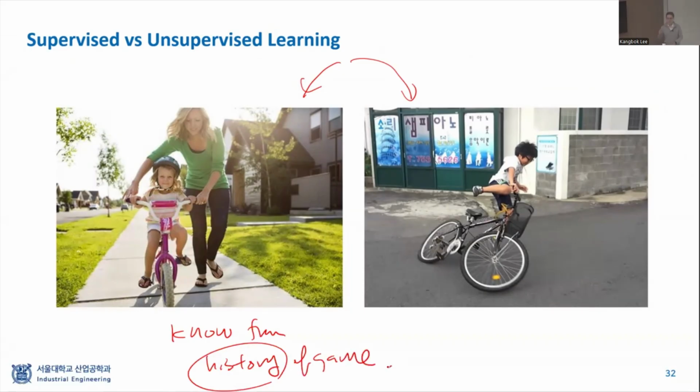They are referring to a lot of previous games to see what was the best action. Unsupervised learning is something that we are doing right now. So for the current positions of all the stones, which was not there before, I want to find out the best solution by implementing new actions here and there, and then see how the probability of winning changes.